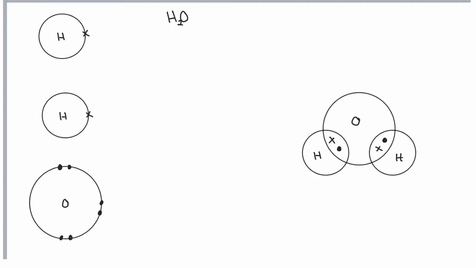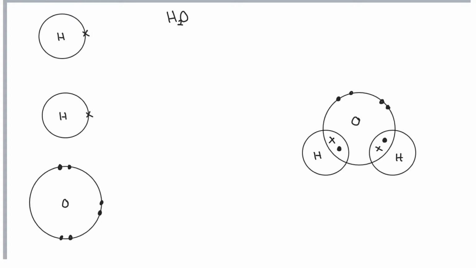And then, if we have a think about oxygen, we've put 2 of its electrons in, so we've got another 4 electrons to put. Now, importantly, what we've got here are 2 single covalent bonds, and these are called 2 non-bonding or lone pairs of electrons.